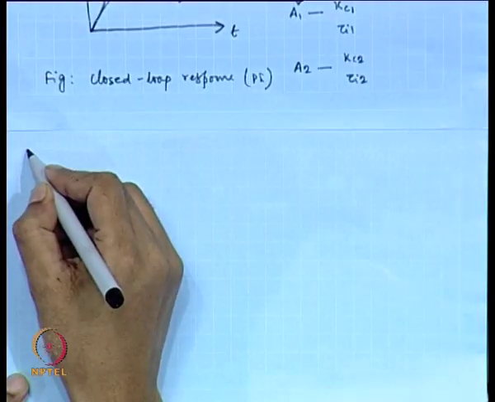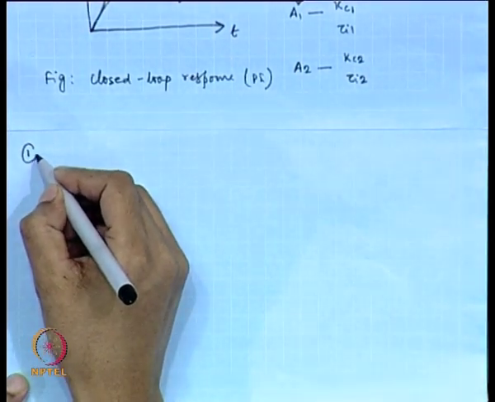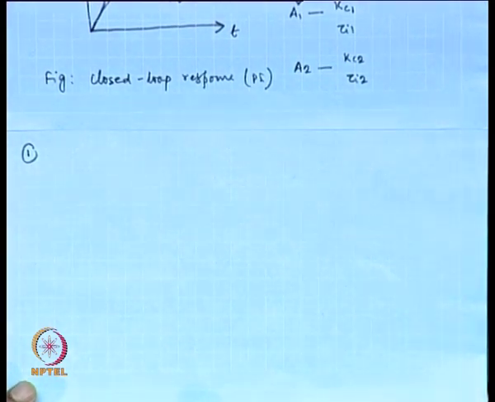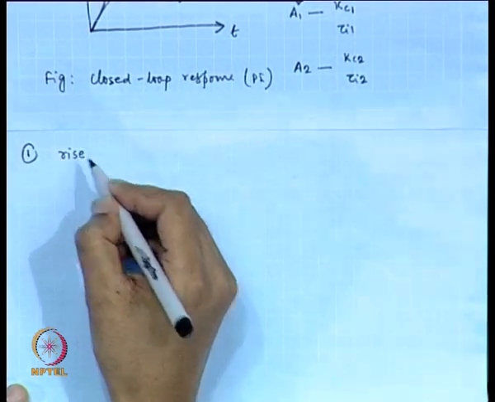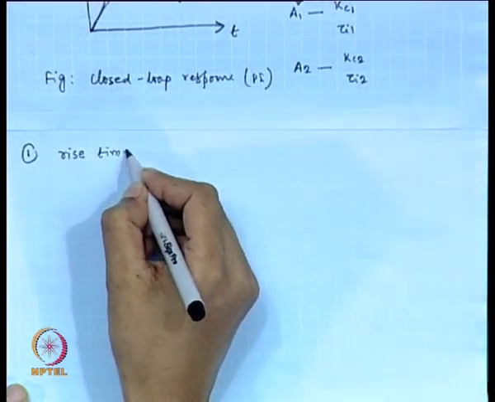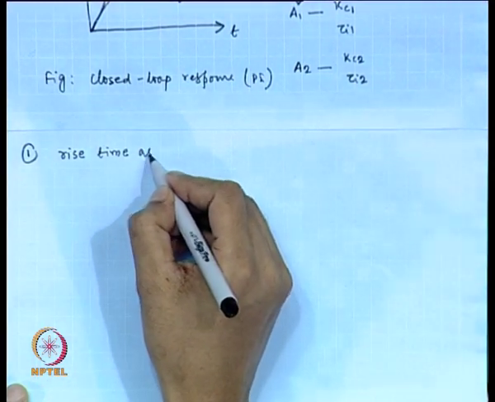Now, there are different criteria based on which we need to select the tuning parameter values. Suppose our first criterion is to keep the rise time as small as possible.